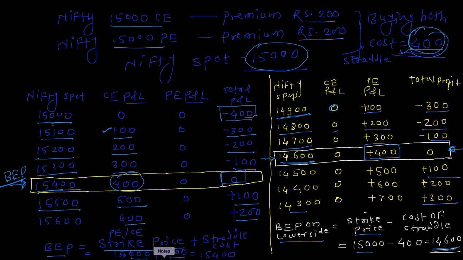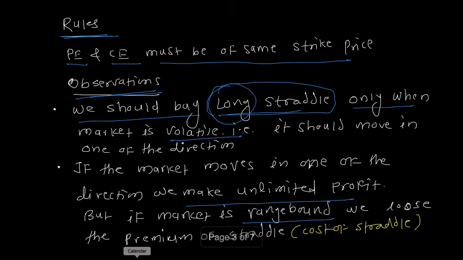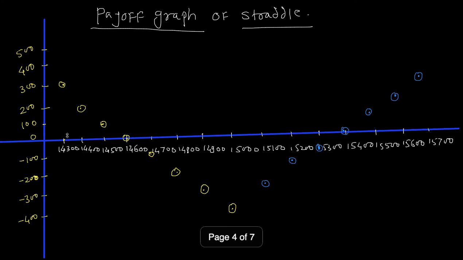So that's what we plotted. At 14,300 we have a profit of 300. At 14,400 we have a profit of rupees 200. At 14,500 we have a profit of rupees 100, and as we have seen, at 14,600 we have no profit, no loss. So that is a break-even point on the lower side.